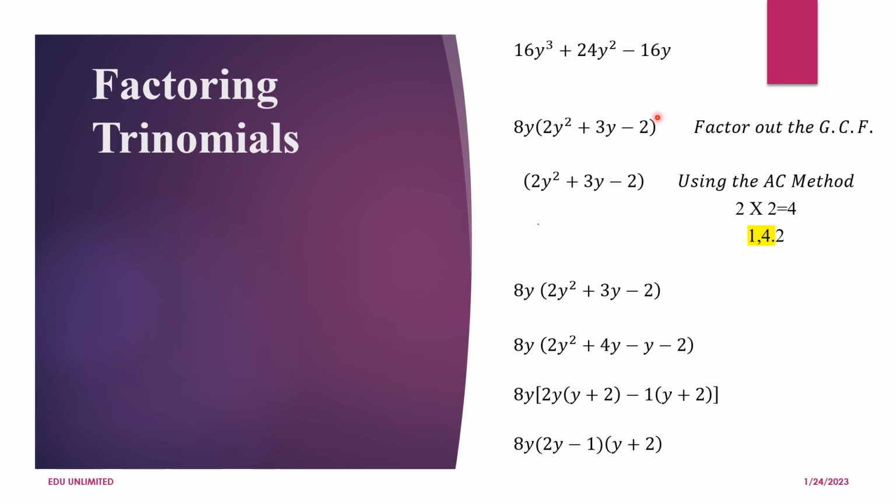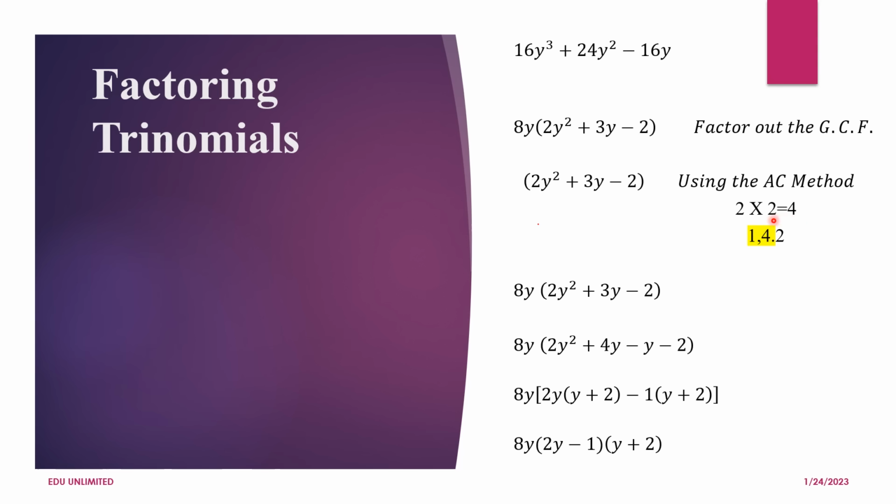This part of the expression is a quadratic. And so we can utilize the AC method that we learned in the previous slide to factorize this part of the expression. So we multiply A, which is 2, by C, which is also 2. 2 multiplied by 2 is 4.